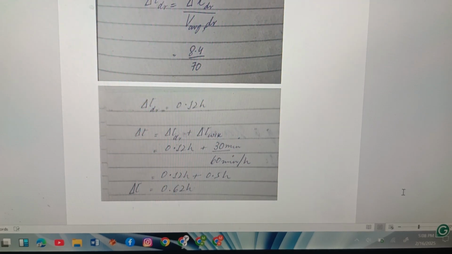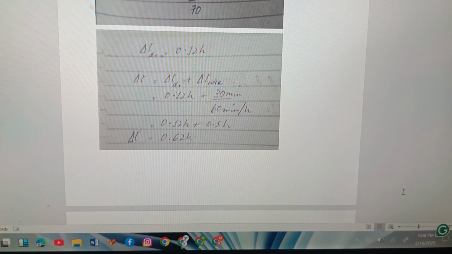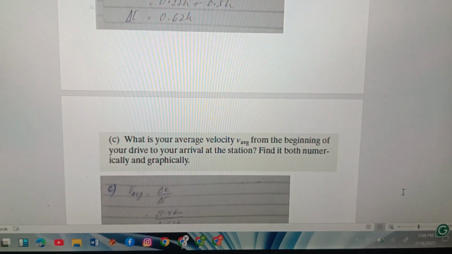From here we get 0.5, and when we add up, the total time we get is 0.62 hours.